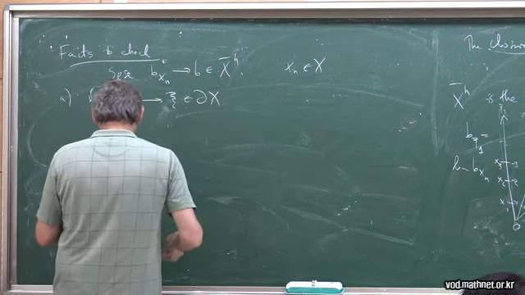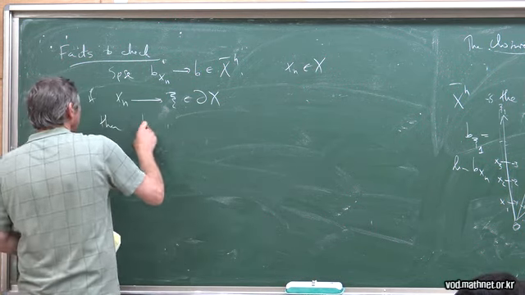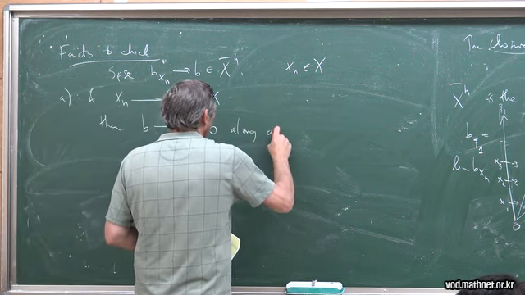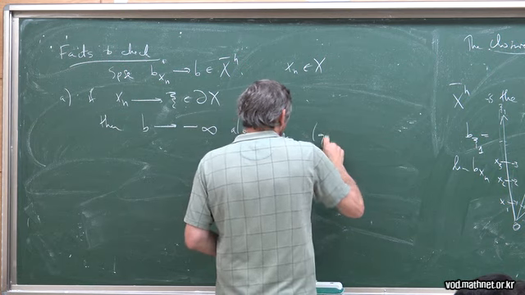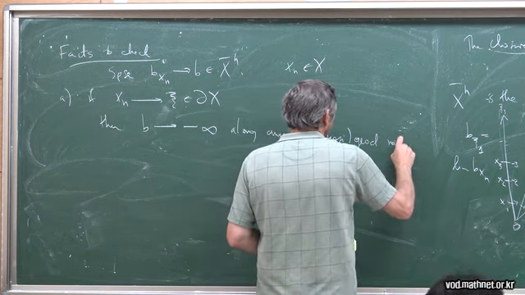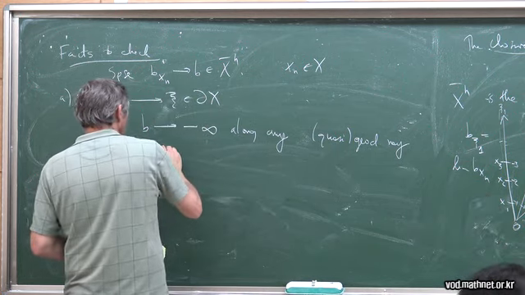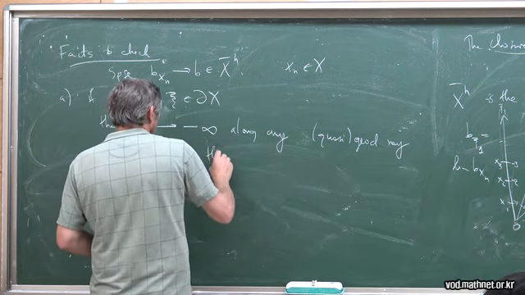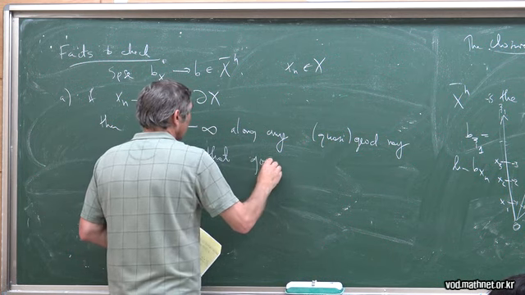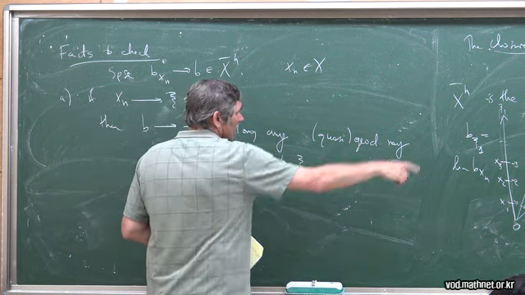Well, then this b converges to -infinity along any quasi, or I don't know, geodesic ray in X that goes to xi. So this is what we did in the case of a tree, right?